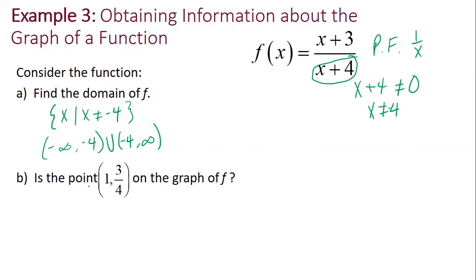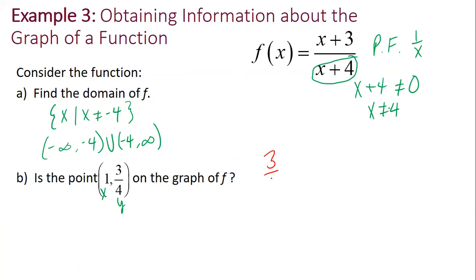Okay. When it asks you is a point on the graph given the equation, what that means is you're going to substitute in for x, substitute in for y, and see if they make true statements.